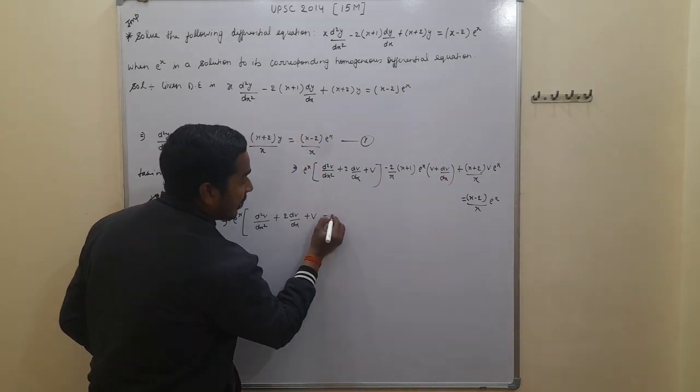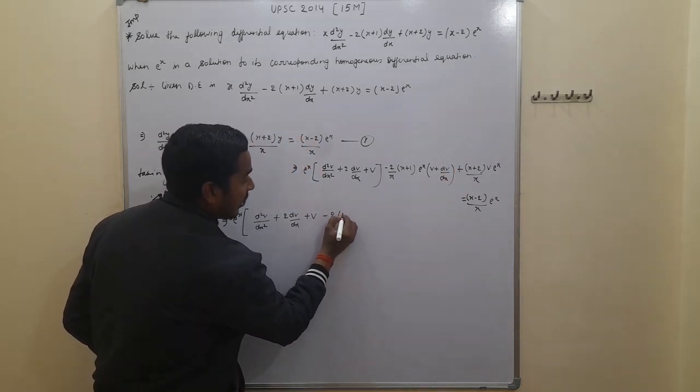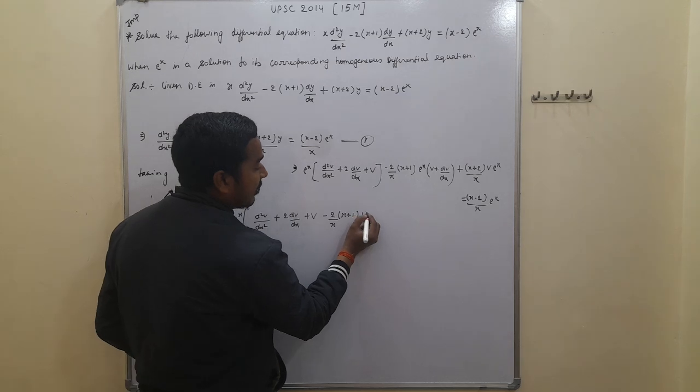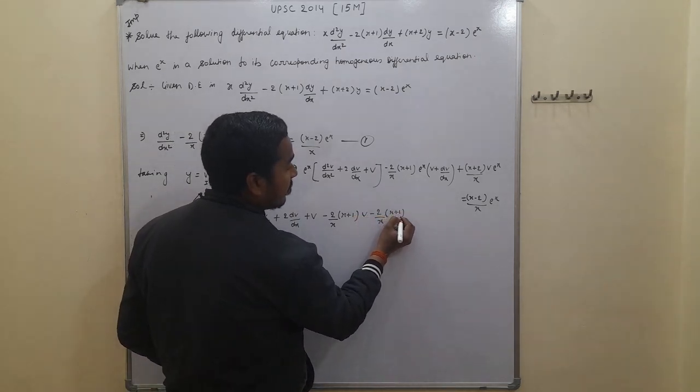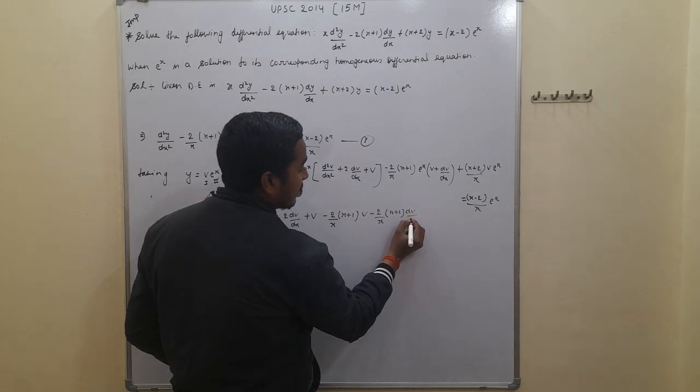This gives minus of 2 upon x, x plus of 1 into v, and minus of 2 upon x into x plus of 1 into dv upon dx.